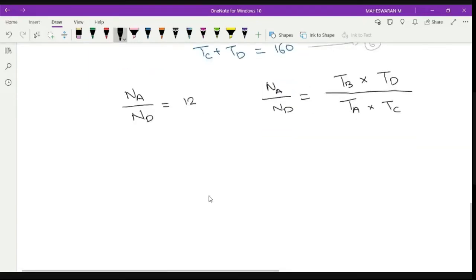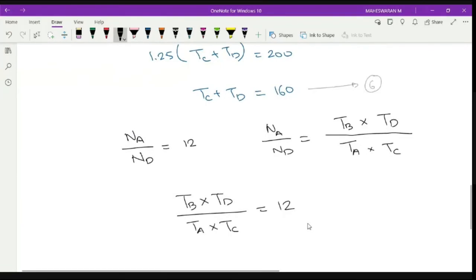Sir, the speed ratio is always ratio of driven by driver, no? Yes, driven by driver.